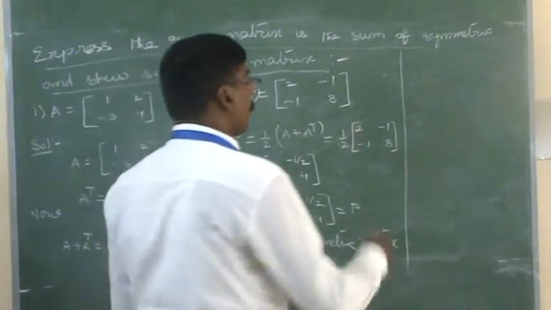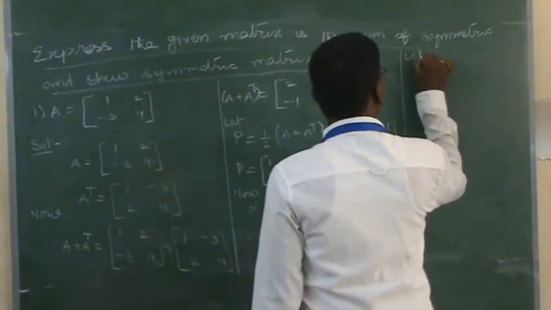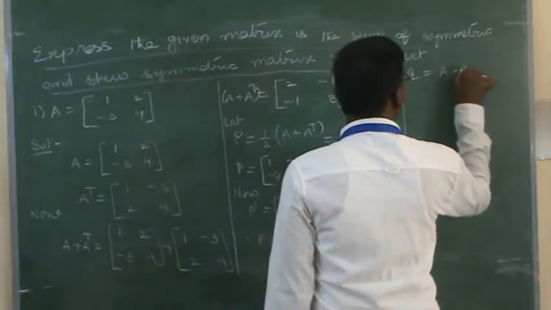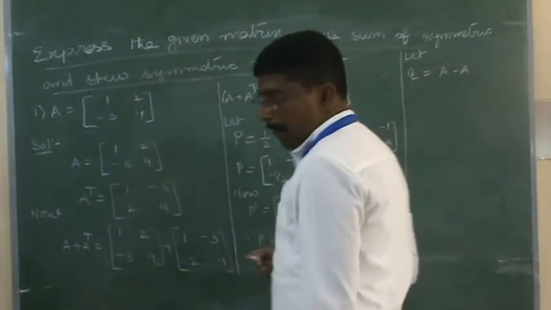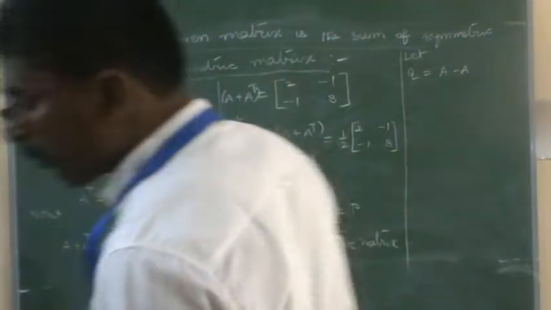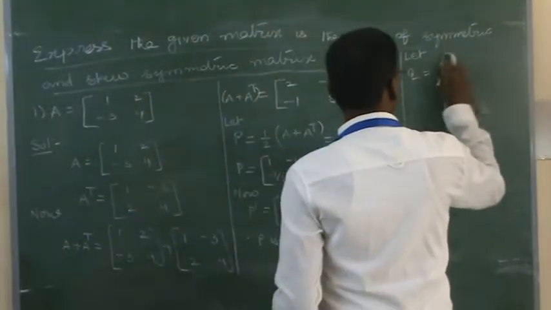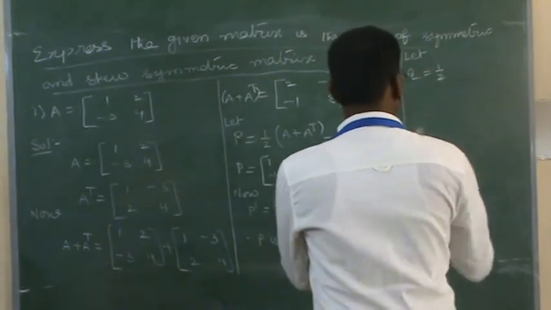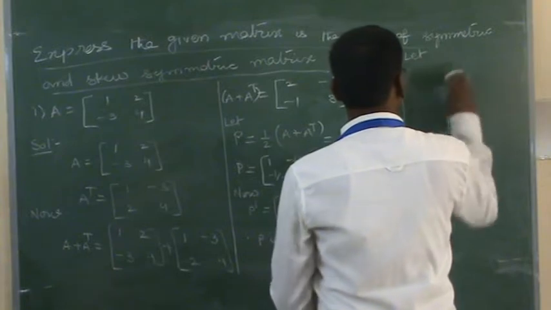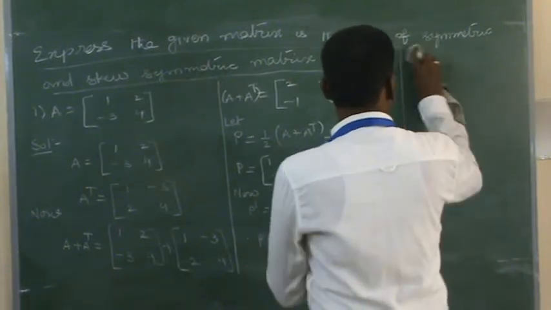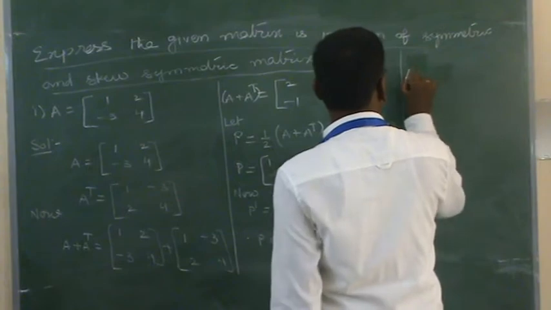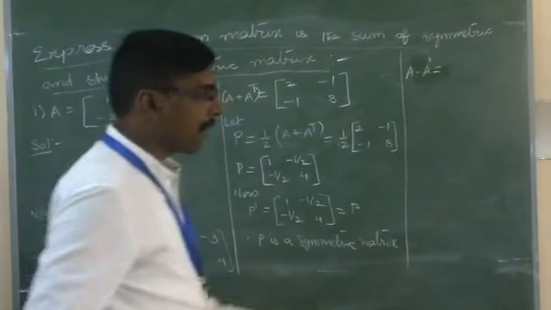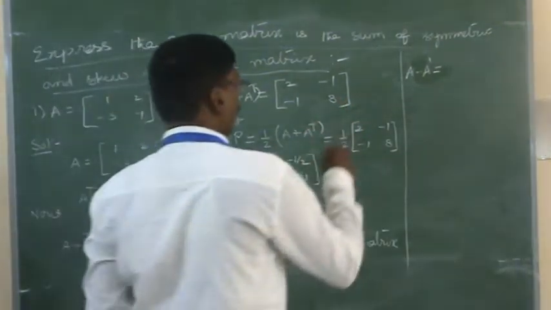Similarly, let us assume matrix Q can be written as 1 by 2 times of A minus A transpose. Before that we need to find the value of A minus A transpose. What is matrix A here?